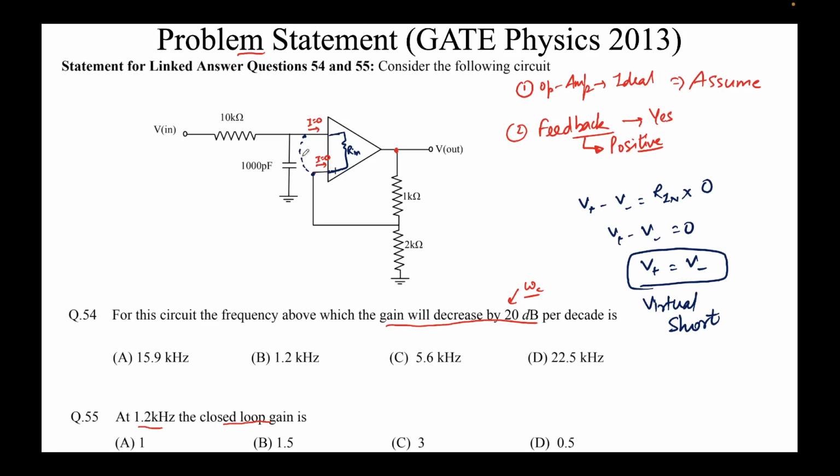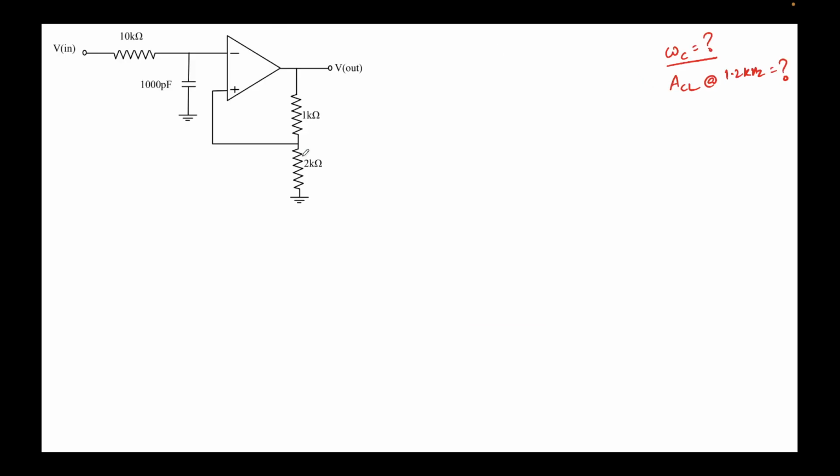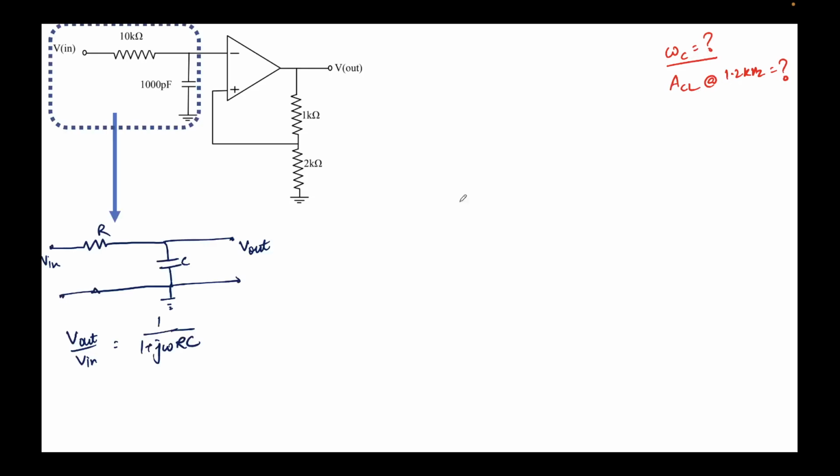Now, let's go ahead using this information and try to solve our problem. This is the circuit that was given to us, and I've just drawn the circuit again here, and we are required to find the cutoff frequency, denoted by omega c, and the closed loop gain at 1.2 kilohertz. Now if you look carefully, the left half of the circuit is nothing but a low pass filter, and this is the general circuit of a low pass filter.